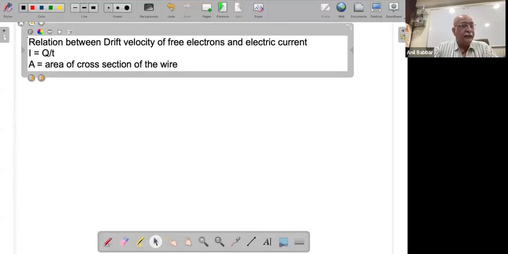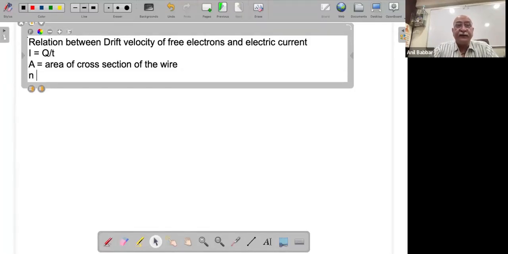Right? And the number of electrons per unit volume we say N. So N is the number of electrons per unit volume of the wire.